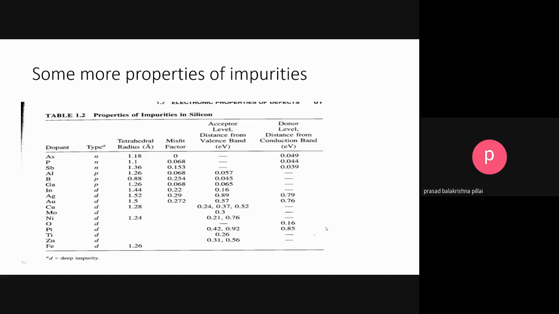So in such cases, when a large number of dopants are involved, will the situation remain the same, or what do you expect? Suppose very large concentrations of dopants are introduced, of course below the solid solubility limit, then what happens? Any idea?